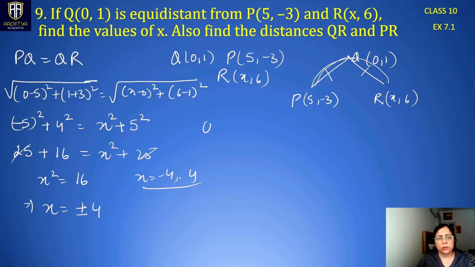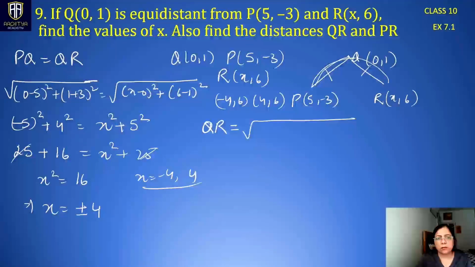Okay, now since x is minus 4, so what we have to do is QR becomes, R is, let's say this is negative 4, 6 and positive 4, 6. It can be any value. x can be negative 4 or positive 4. So find the distance QR.